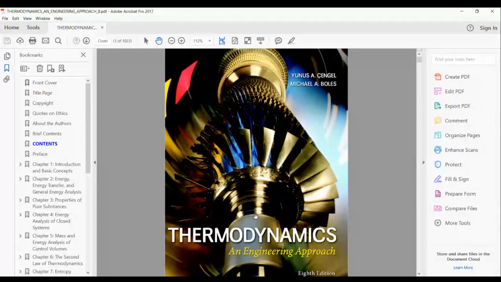You should be able to see it. Fantastic. So that's the book. You can get either the 8th edition or the 9th. In fact, even the 7th is fine. So that's the textbook we're going to be using for the semester.